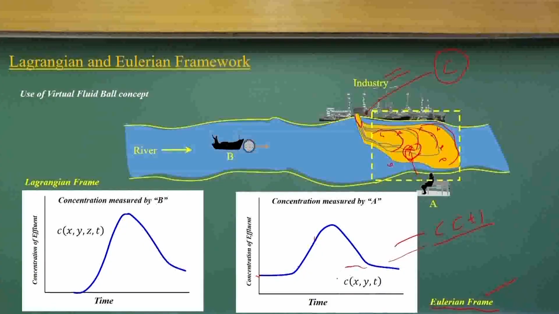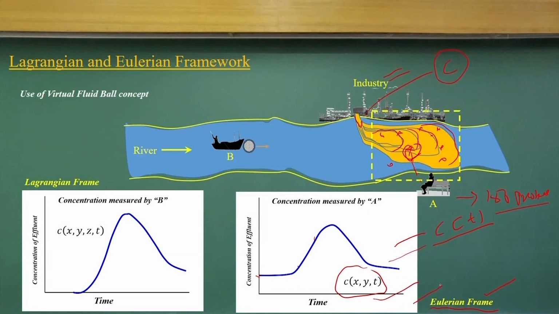If he uses not a single probe but, say, 100 probes, and measures the concentration and develops the variability of C with respect to position and time, then we will have this function.